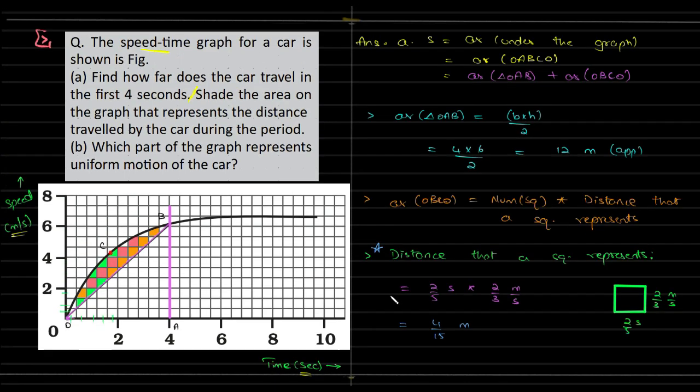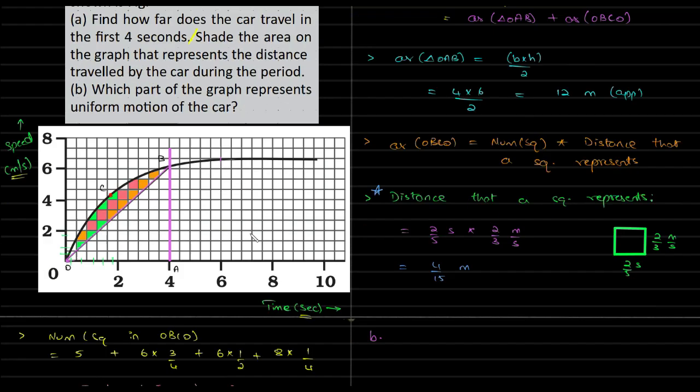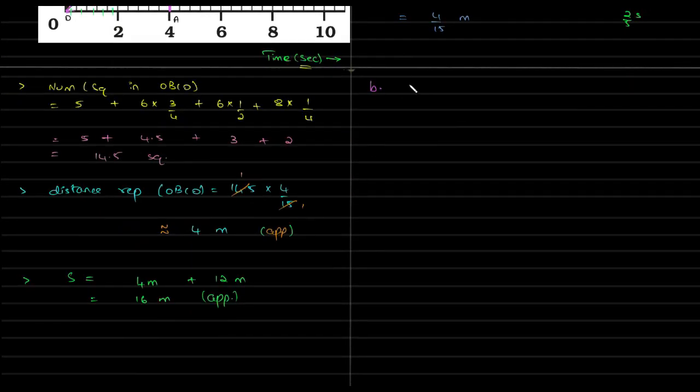The second one is, which part of the graph represents uniform motion of the car? So uniform motion in speed time graph is represented by a line which is parallel to x-axis. So this is something that I've been speaking of from, well, almost 3/4 of the topic. So I hope you guys get why this represents uniform motion, because there is no change in speed. So that's the very definition of uniform motion.